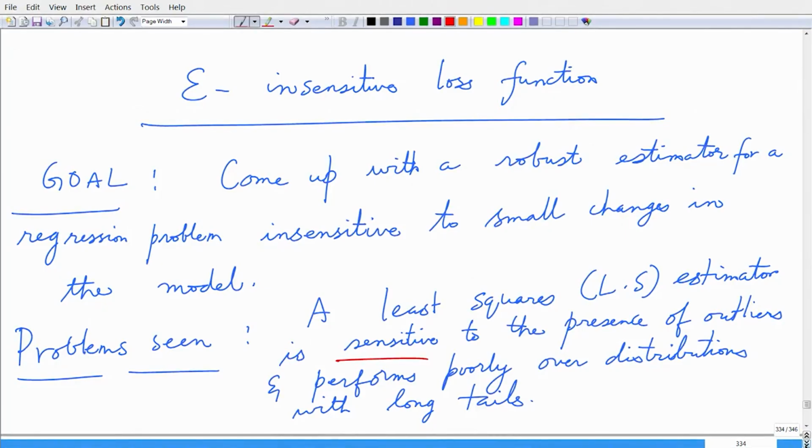So, our goal is to come up with a robust estimator for a regression problem insensitive to small changes in the model. I mean, this is a non-parametric form, so I did not specifically bring in the parameters here.